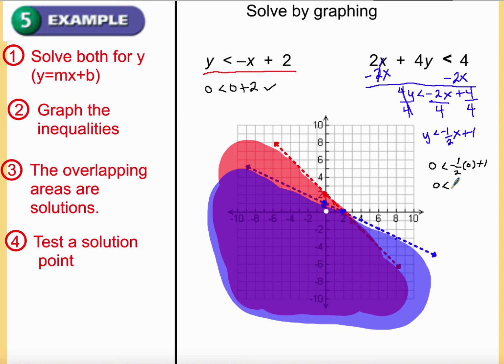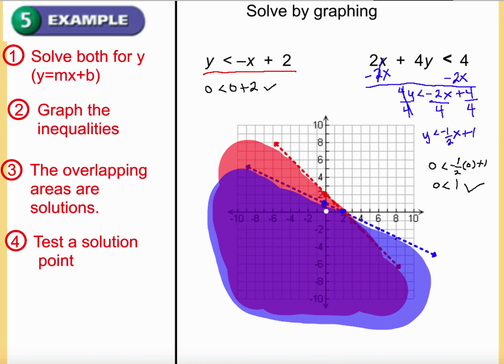Is 0 less than 1? It absolutely certainly is. So we have found that the point 0, 0 lives in the section that all the solutions live in. Our job is done here. So our graph picture here is our solution.